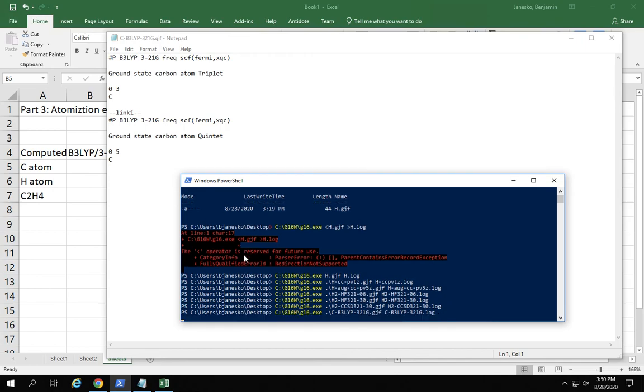This will take a little while because I'm actually going to be doing two separate calculations, one on the triplet, one on the quintet, just in case I wasn't sure what my total energy should be.